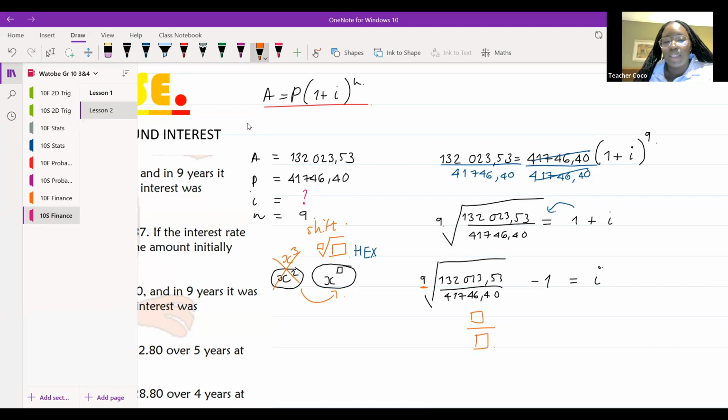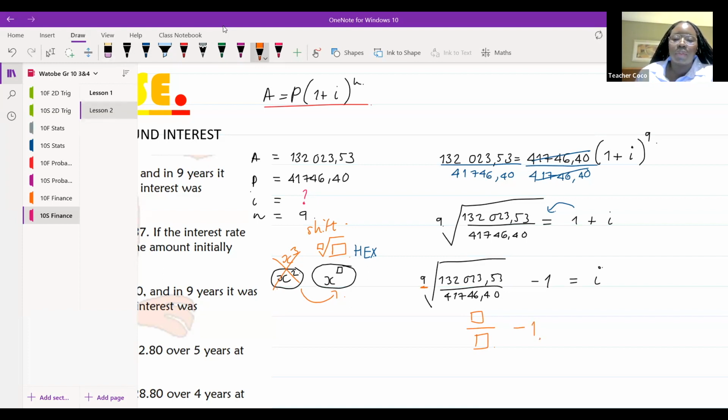Then you're going to put these numbers in. Then click the button that goes to the right once so that you get out of the root. You need to be outside of the root, and when you are outside of the root, then only do you click -1.